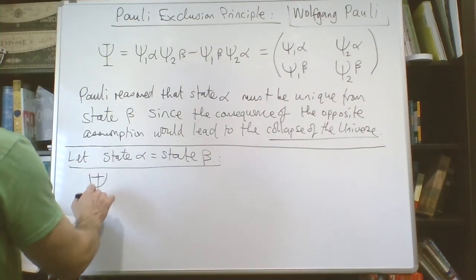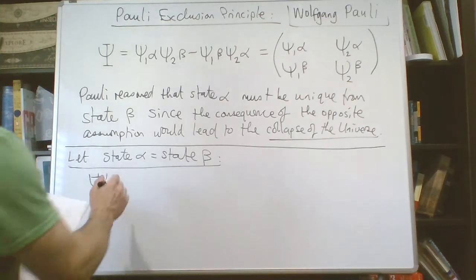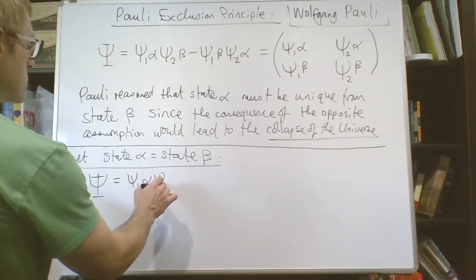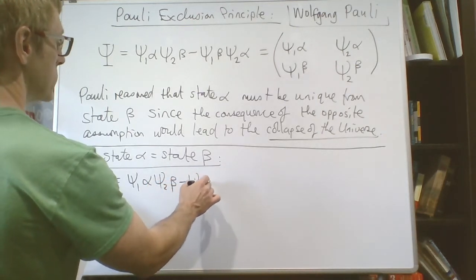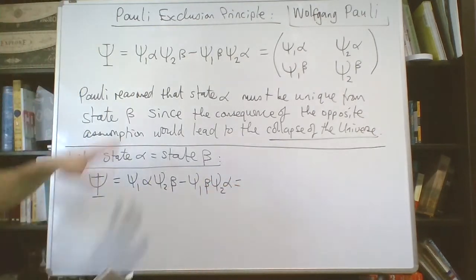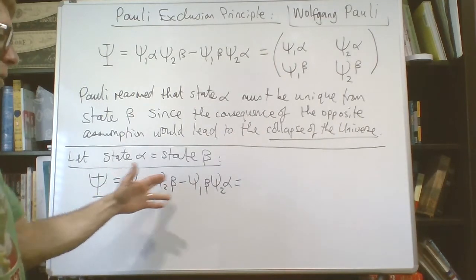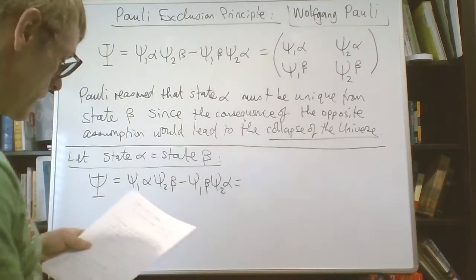Well, that would mean when we calculate our total psi for the system, I would write psi 1 alpha, psi 2 beta, minus psi 1 beta, psi 2 alpha. Now let's rewrite it where I can either write all alphas or all betas, because the label doesn't matter, they're the same.